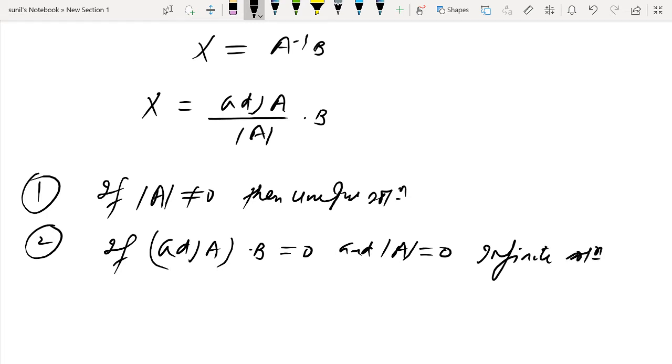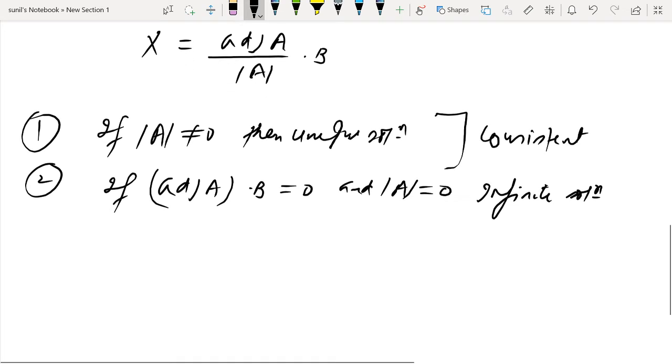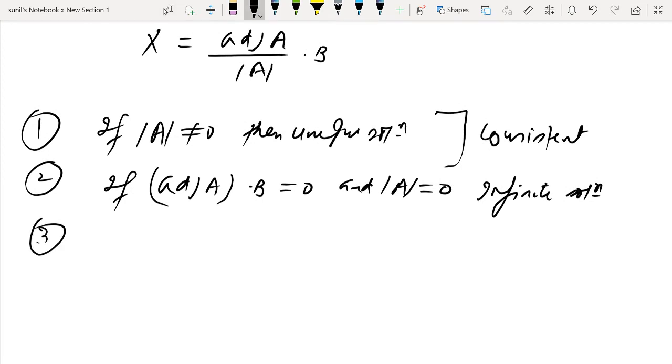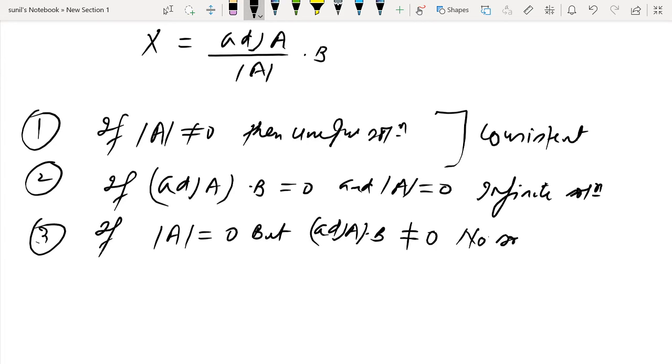In these two cases, the system is consistent, which means the system has at least one solution. Third: if determinant of A is 0 but adjoint of A into B is not a null matrix, then no solution.